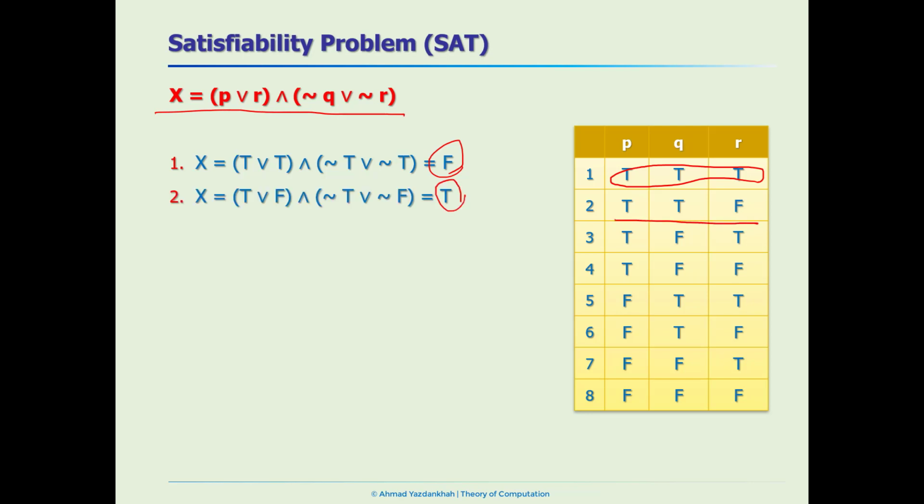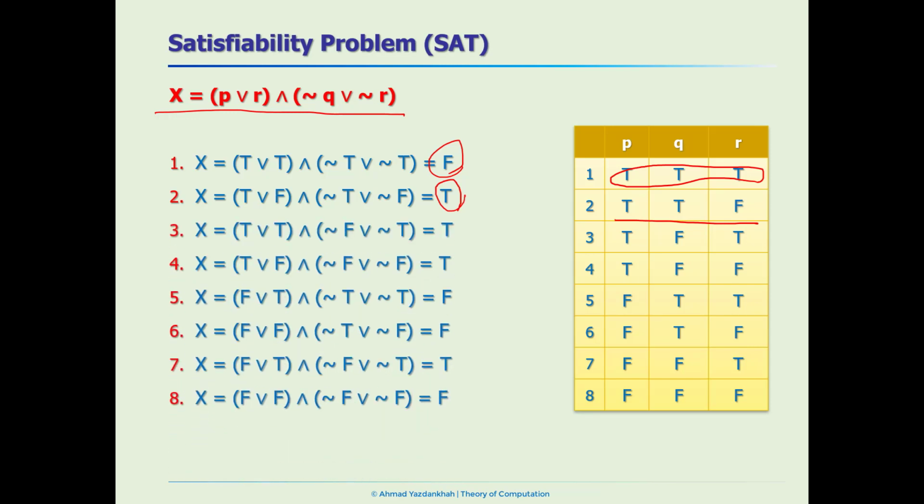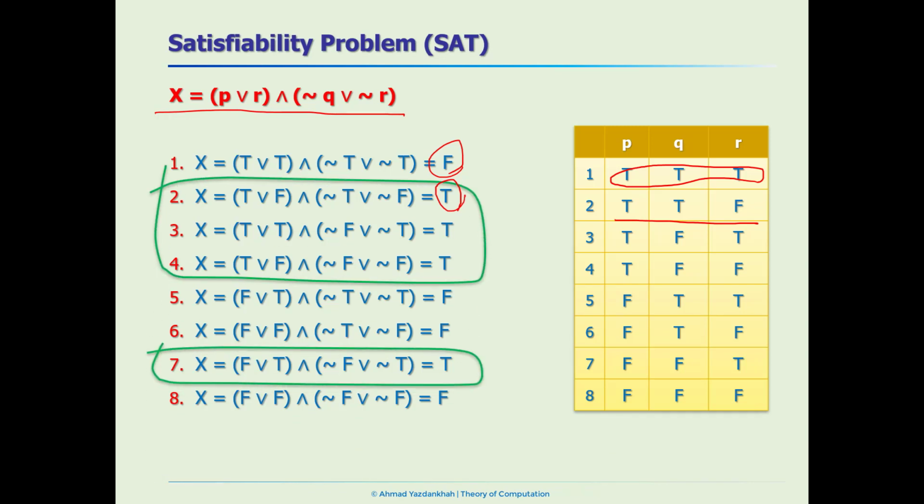Oh, okay, this makes this expression true, so this is a solution. If P is equal to T, Q is equal to T, and R is equal to F, this will be a solution for this expression. And we can continue all of this, right? After that, we can pick which ones are the solutions.